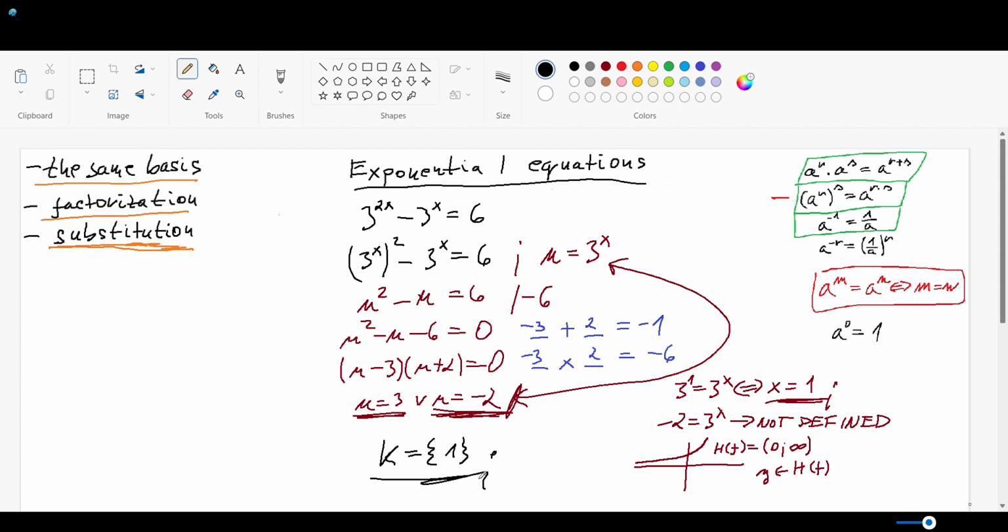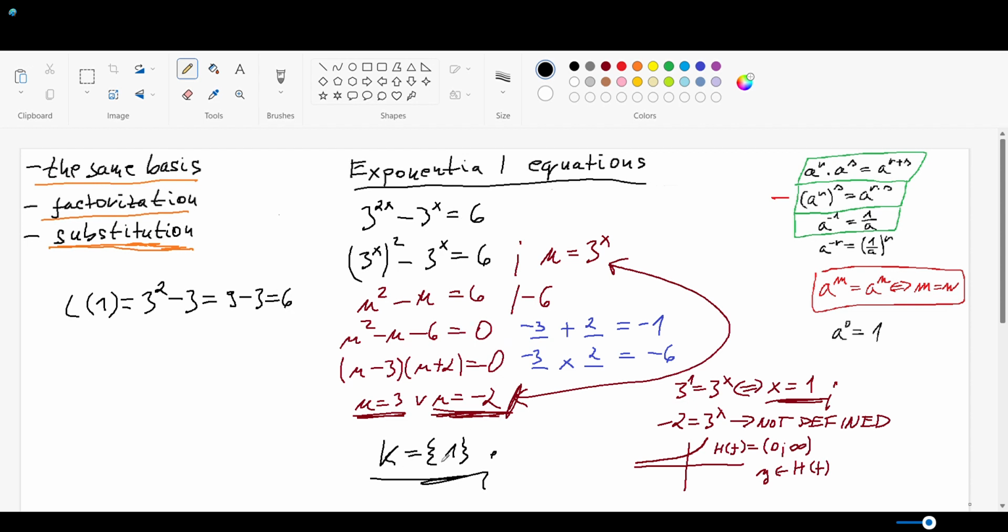Now the good thing would be to make the check, but let's do the check very quickly. So the left side for x being 1 is equal to 3 squared minus 3, which is equal to 9 take away 3, and this is of course 6, which is good because our right side is equal to 6 as well.